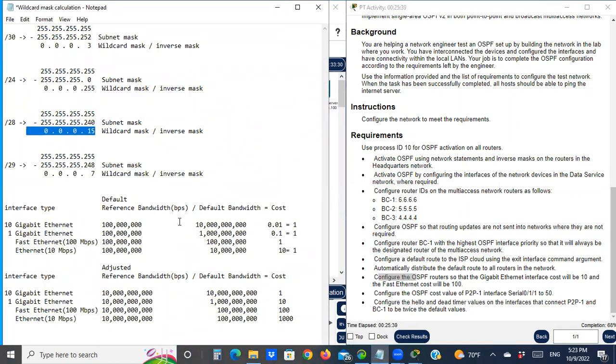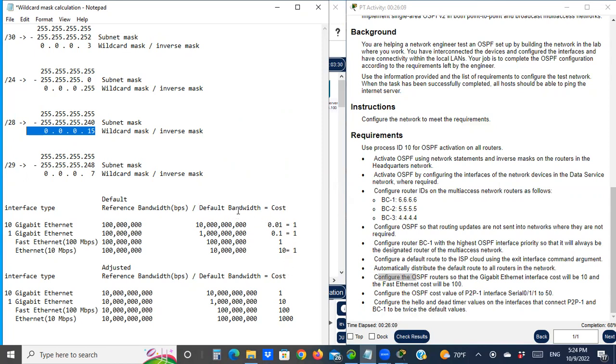So here, there are two calculations. Both calculations use the same formula, which is cost equals reference bandwidth divided by default bandwidth. They use the same formula, but the results of the cost are different.